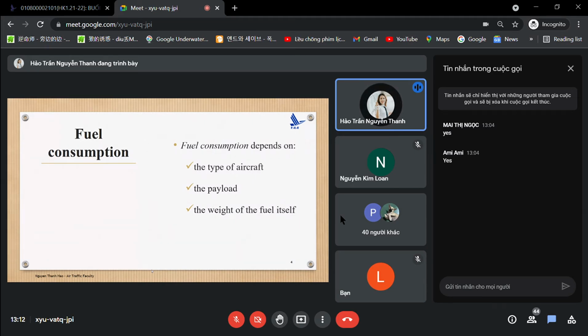However, the pilot or the flight dispatcher must add a certain reserve to cope with unexpected circumstances. Okay, so they have to calculate so that they can put more fuel into the wings of the aircraft.